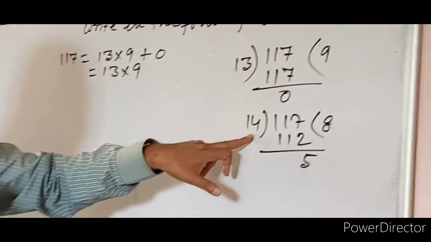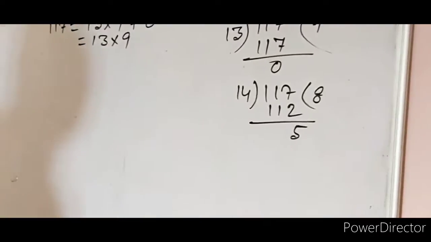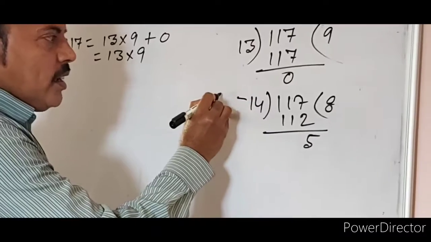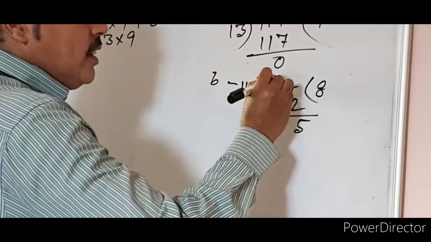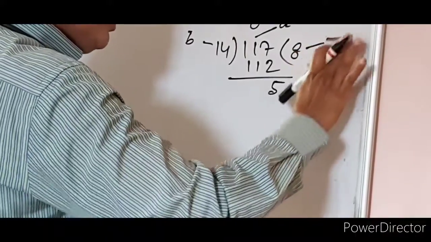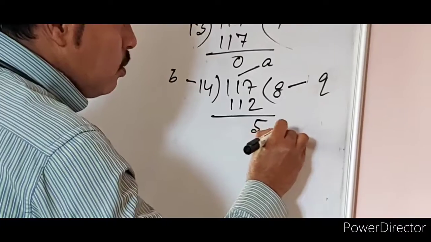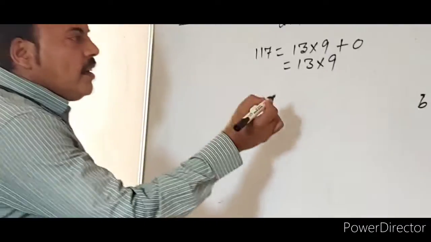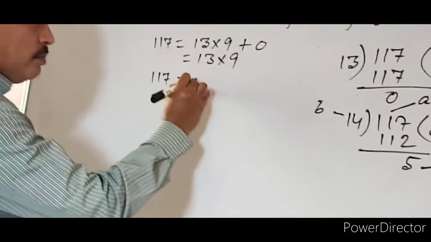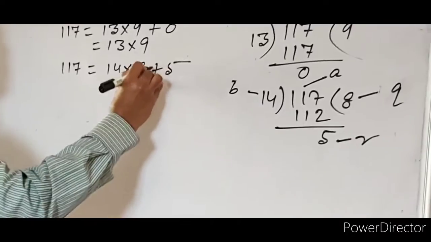Here also, this is B, and B is greater than R, or R is less than B. This one is A, this one is Q, and this one is R. So we can write it 117 equal to 14 into 8 plus 5.